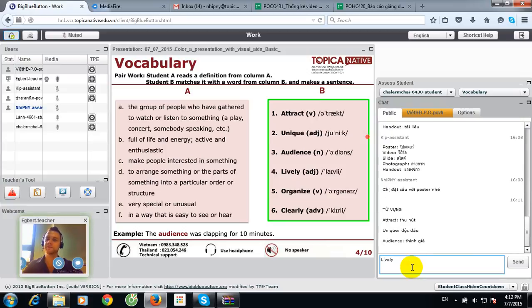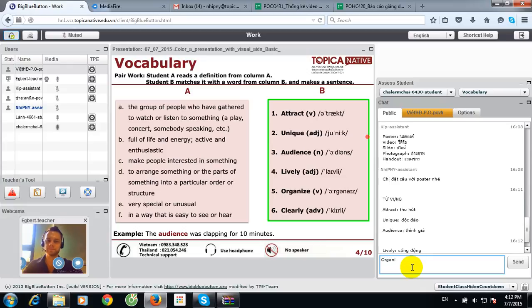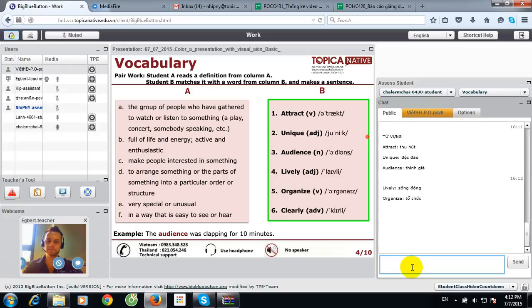Good. Chalamchai. Attract, unique, audience, lively, organized, clearly. Yeah, remember, organize. Organize. Organized. Good. Perfect.